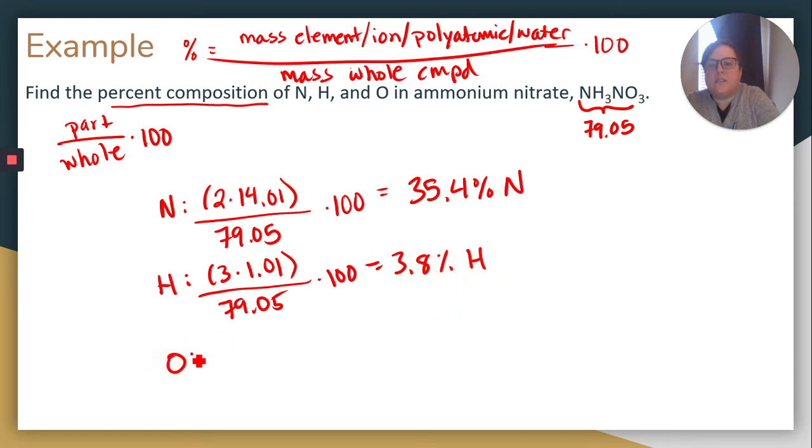So to find oxygen, we could go the same process, 3 times the mass of oxygen divided by that. Or we also know that percents always add up to be 100. So if we subtract the percent that was nitrogen and subtract the percent that was hydrogen, we would be left over with the percent that is oxygen. So oxygen would be 60.8%.